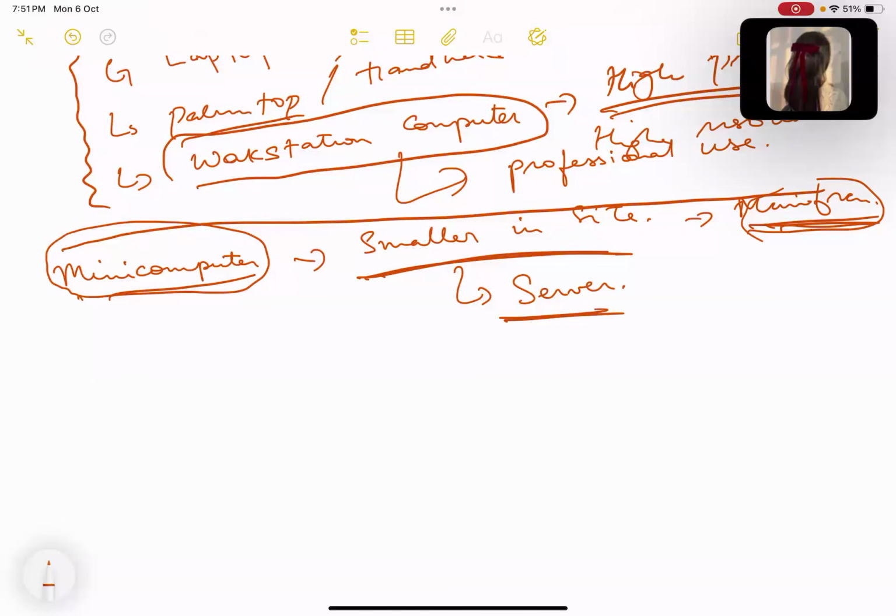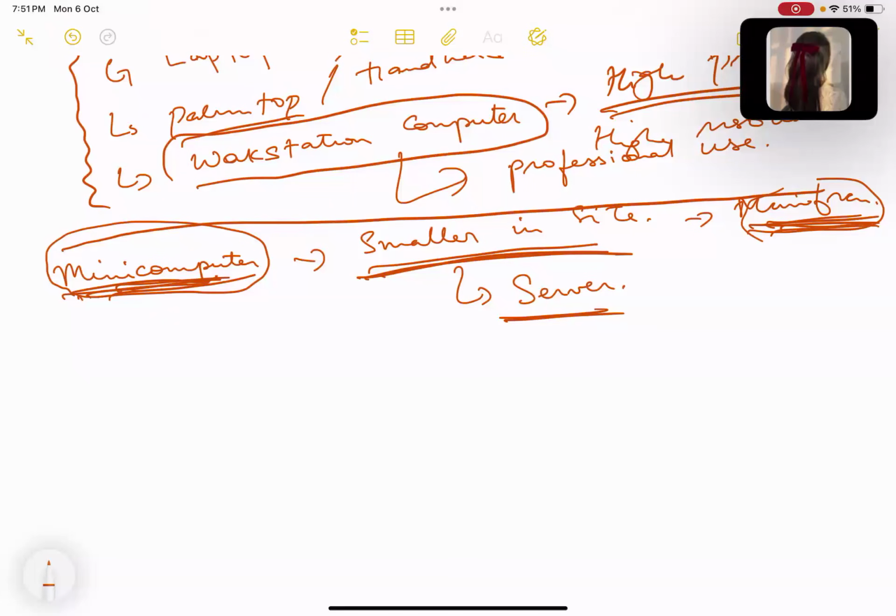Like you have seen in sci-fi movies, in a big room, devices are kept, and then they are doing certain operations. All those things are computers only, a single set of computers, and generally they are mainframes and mini computers. So when we say mini computers, yes, it is compared to the mainframe. These are smaller in size, but they are larger when compared to our microcomputers.